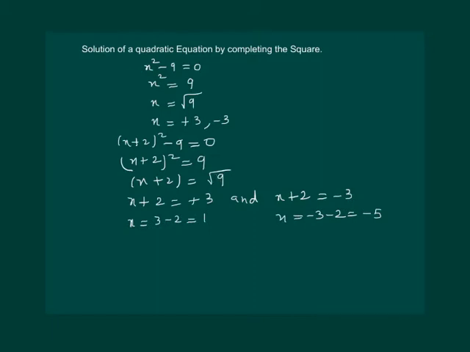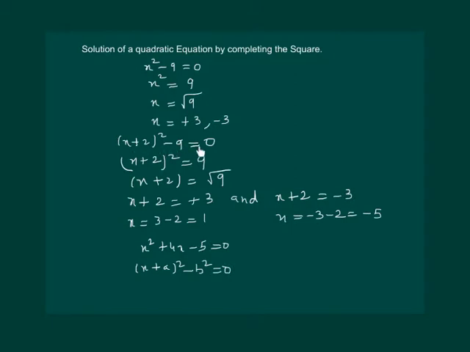But what happens if we are asked to solve the equation x squared plus 4x minus 5 equal to 0? In this case, we would probably apply factorization to find the roots. But there is another method of solving this equation. We can write it in the form of x plus a whole squared minus b squared equal to 0.